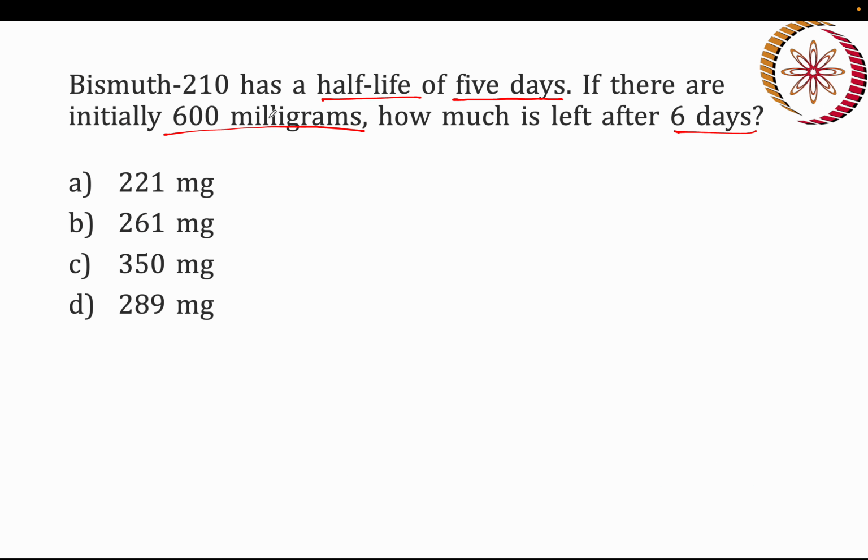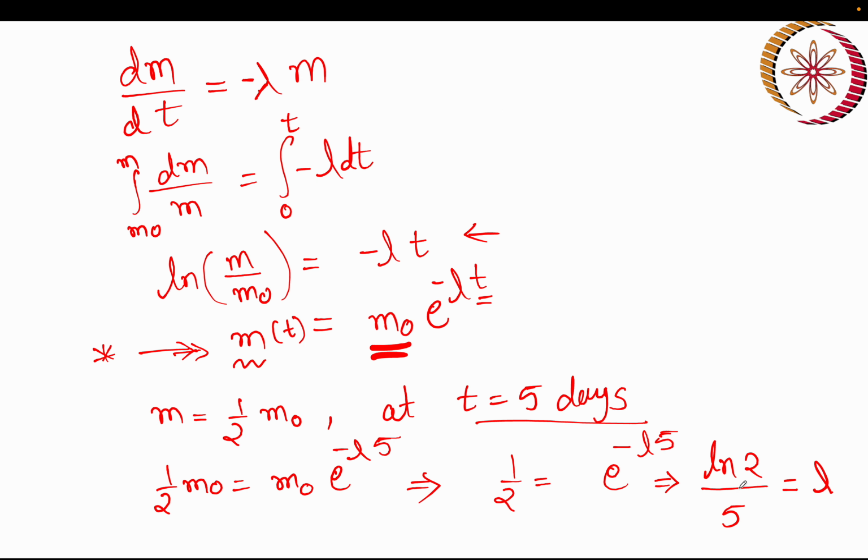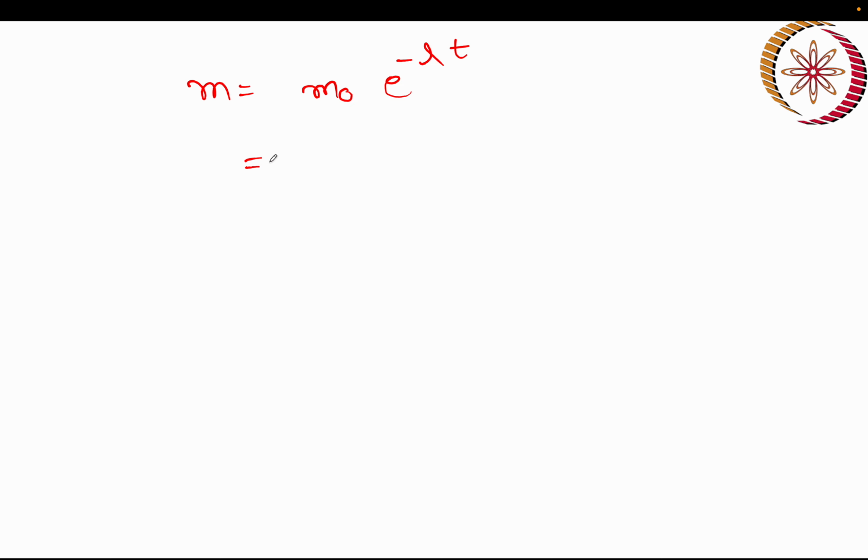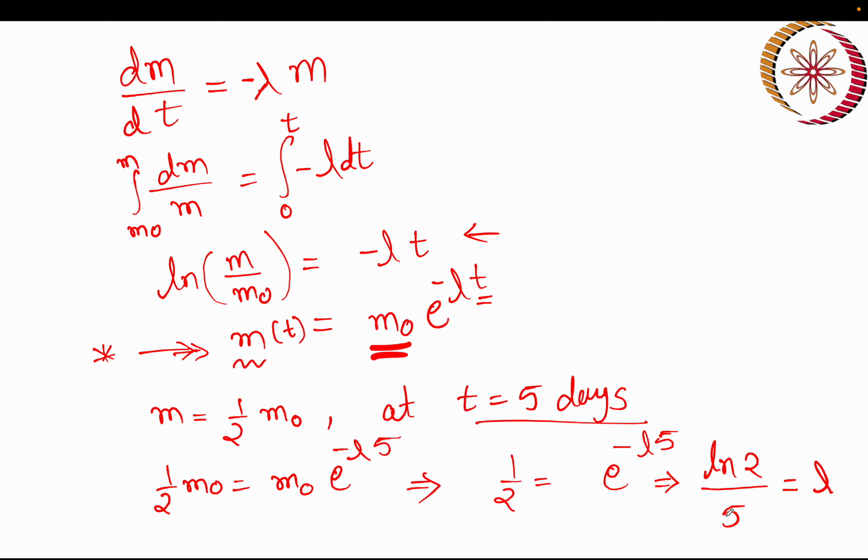We can compute it, or we can just keep it as it is. So we will find out after 6 days how much quantity will be there. m equal to m0 e raised to minus lambda t. We want to find m, and initially it was 600 milligram, and we know lambda is log 2 by 5.